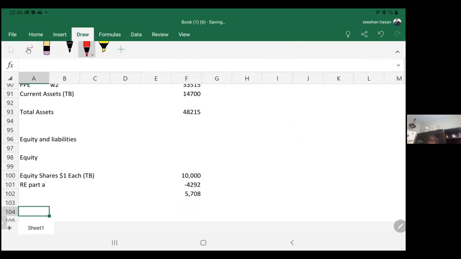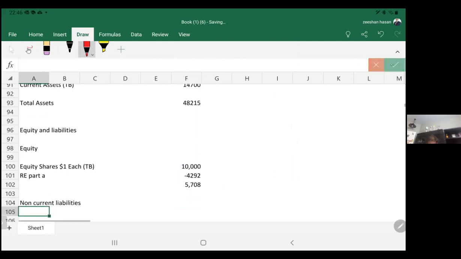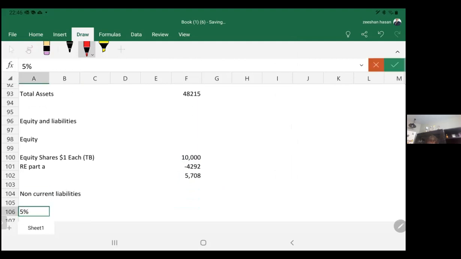Non-current liabilities now. 5% loan note, working one. That was, you can link it as well, 5015.